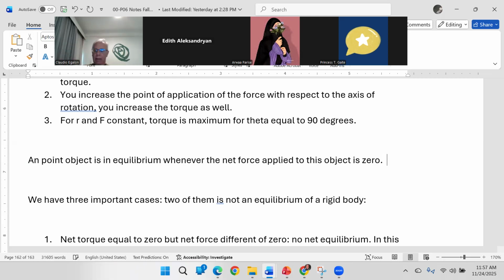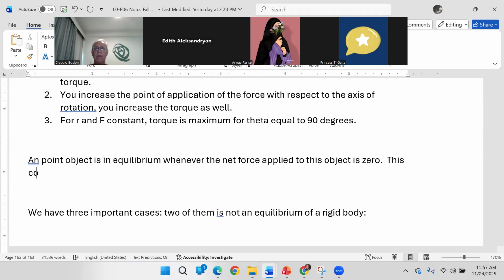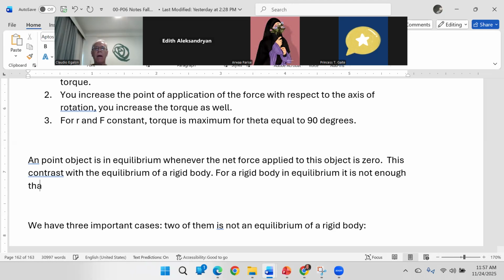This contrasts with the equilibrium of a rigid body. Okay? For a rigid body in equilibrium, it's not enough that you have a net force equal to zero.